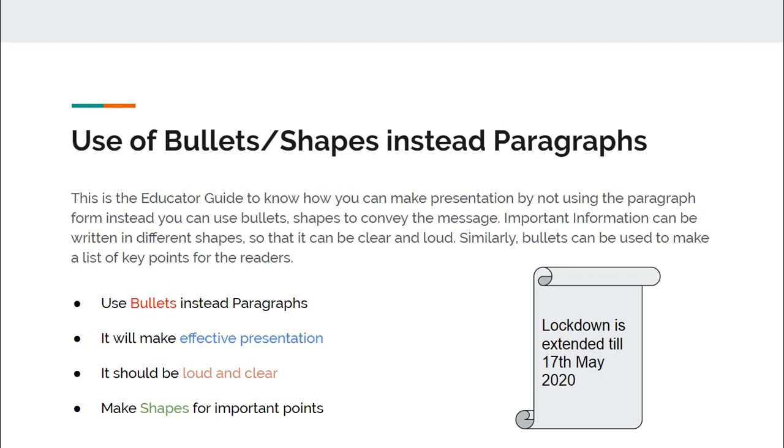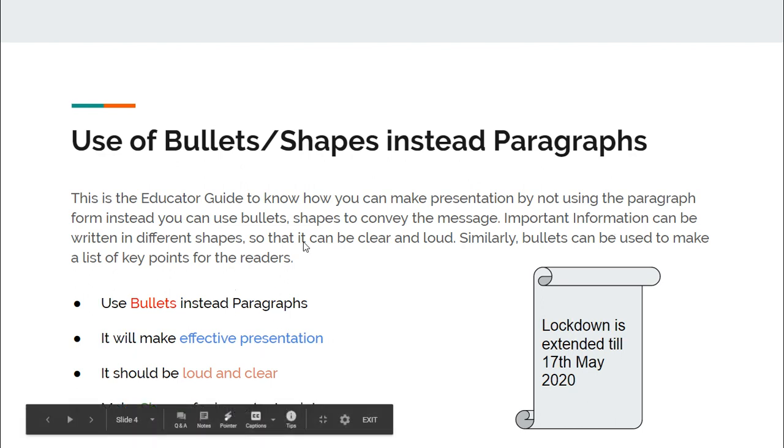The next point is to use bullets and shapes instead of paragraphs. In this video, I hope you are watching the banner that I have used, that lockdown is extended till 17th of May 2020. It is more attractive, and the bullet points show you that you have to use bullets instead of paragraphs.